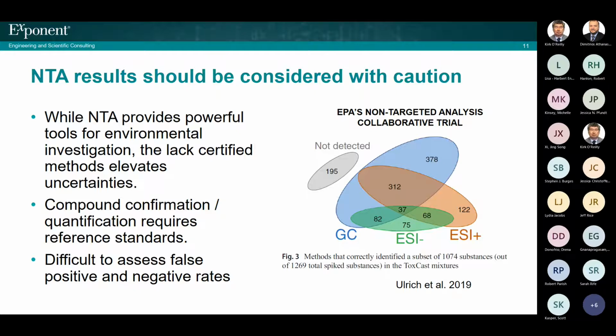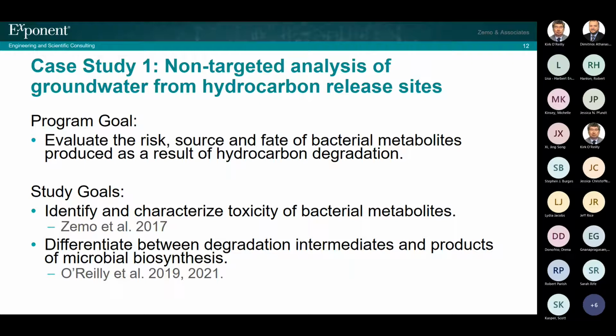They're improving, we're learning more, and people are using them more, but there's still evolution until we at least understand the levels of uncertainty.